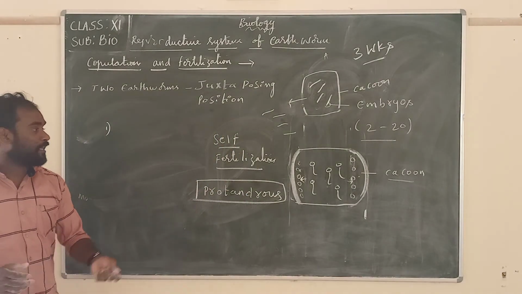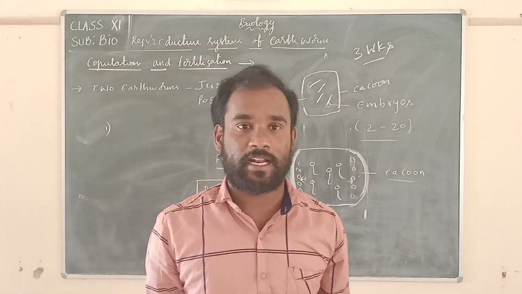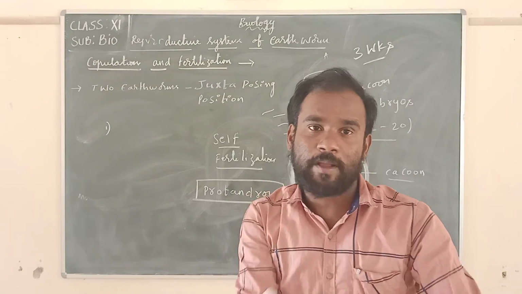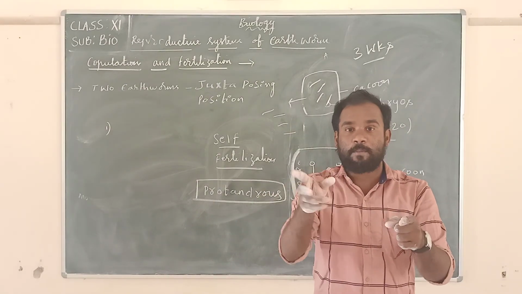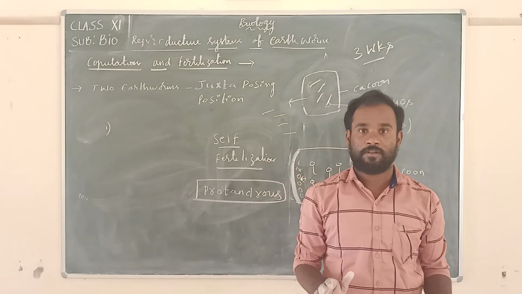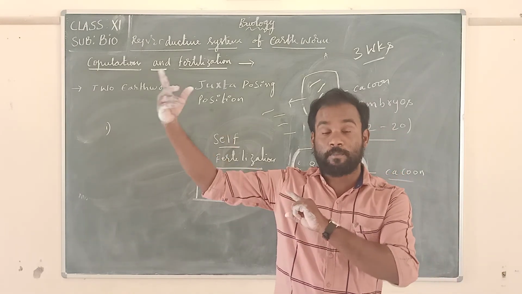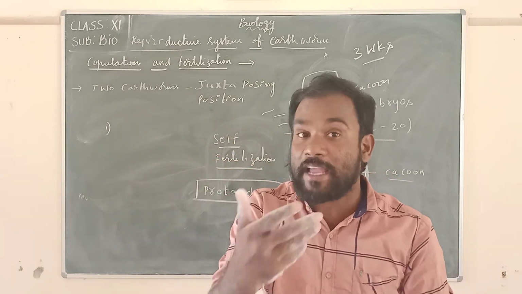Another condition: if self-fertilization occurs, there is no generation of new characters. Same characters will be continued. In human beings, if marriage takes place among relatives, same genes will be there, so same characters will come. If marriage is performed between other families, there are variations, new characters will come.